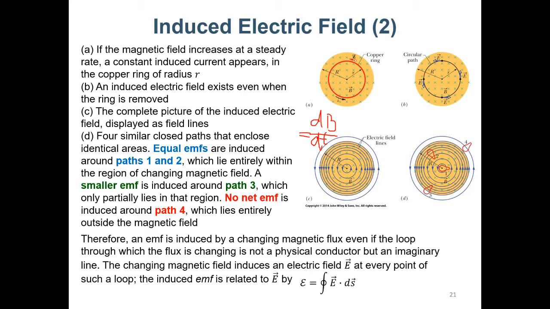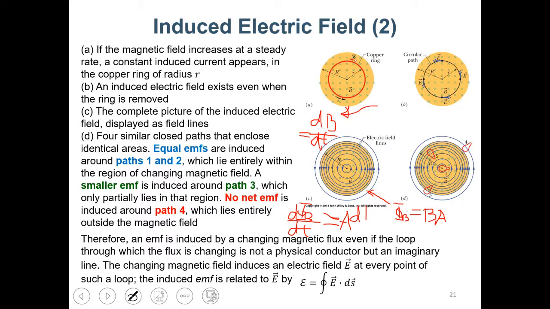Actually, what we are concerned with is the magnetic flux, and the rate of change of the magnetic flux. Suppose this is a constant, so it is nothing but this.